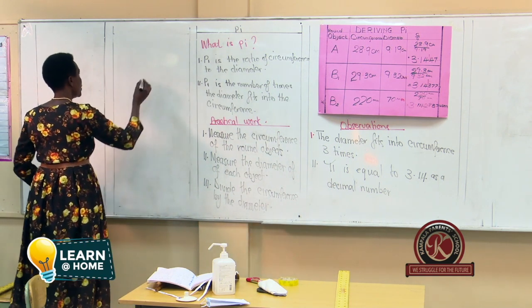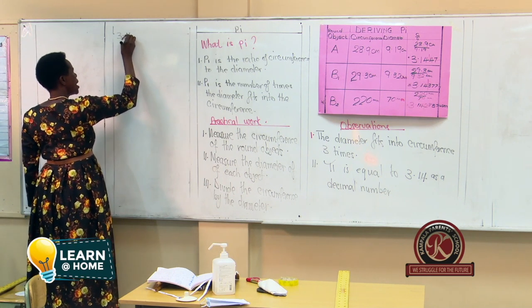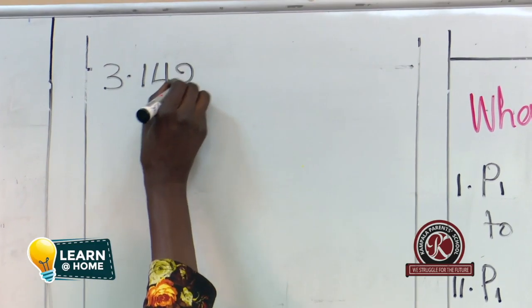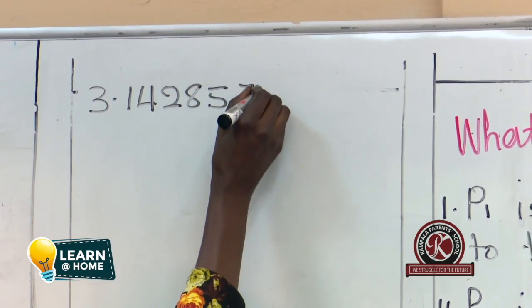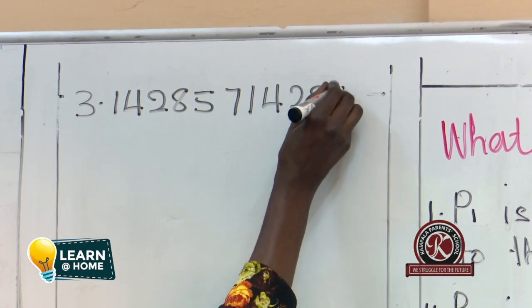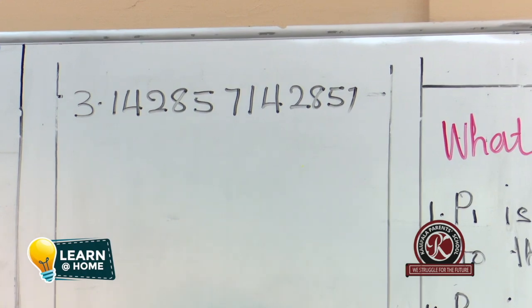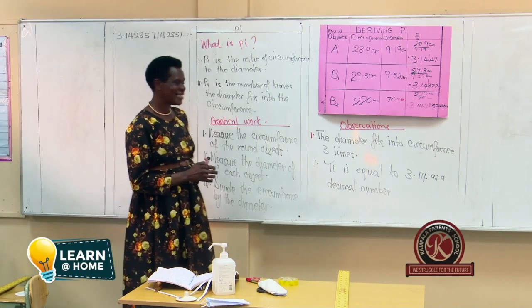What have we got there? We have got 3.142857, 142,857, because this is the recurring decimal.